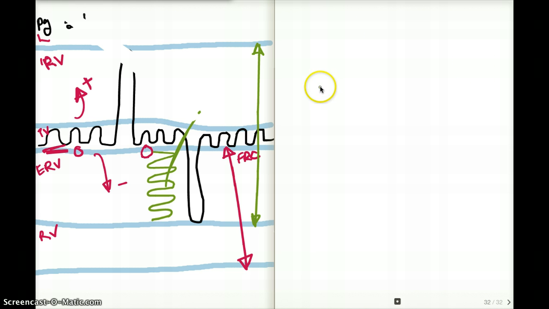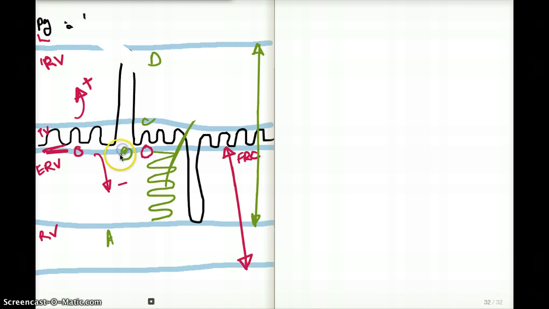So let's say they give you a normal lung volume graph like that, a spirometer graph, and let's say they give you A, B, C, D, different values, and they say at what level is the pulmonary vascular resistance going to be lowest? What would be your response?